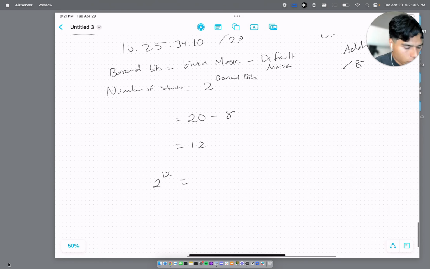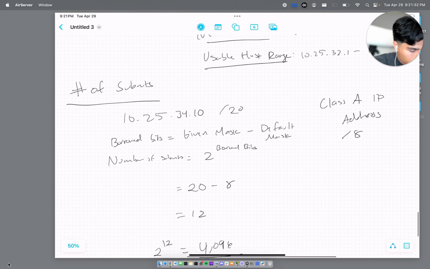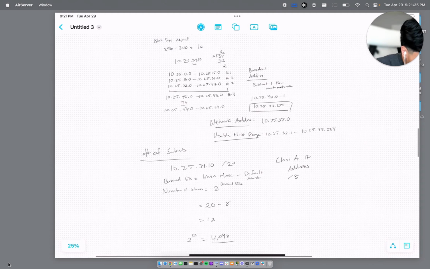So number of subnets is 2 to the power of 12, which I'm going to use a calculator for. One second. That is 4,096 subnets, right?